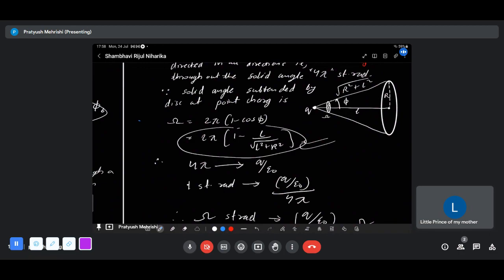In this larger sphere, the three-dimensional solid angle at the center, we are assuming the angle to be phi. So 2 pi into (1 minus cos phi) is equal to 2 pi into (1 minus L upon under root of L square plus R square).